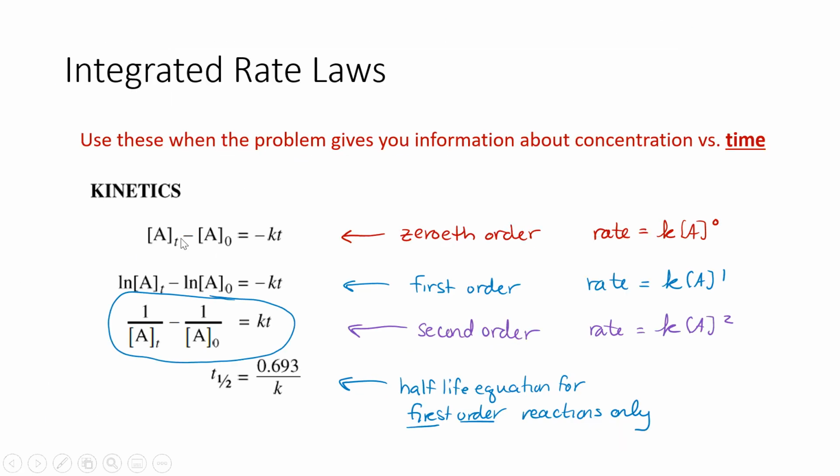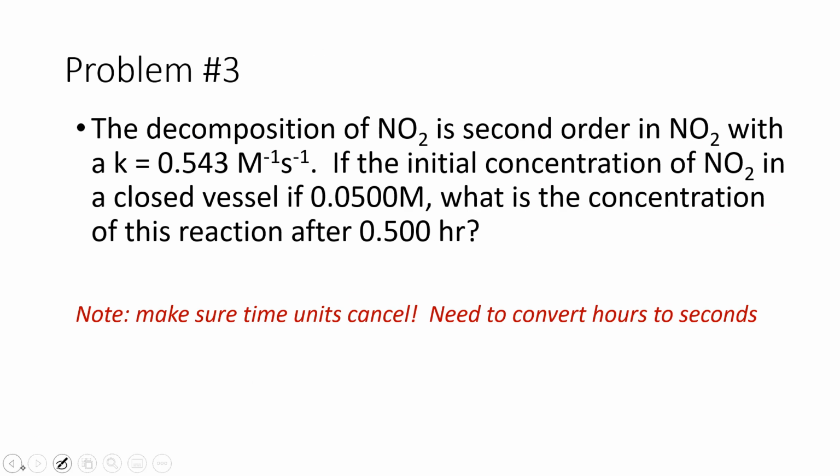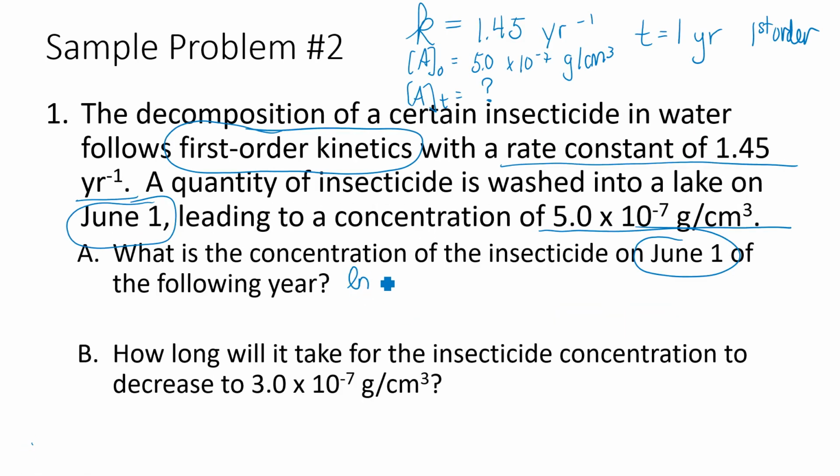So let's look at our integrated rate law for first order. That's going to be this one right here. I'm going to apply this one. And again, remember, these are on your equation sheet, so you don't need to memorize the integrated rate laws. So here is my integrated rate law: the natural log of the concentration at time t minus the natural log of the concentration at time 0 equals -k times t.